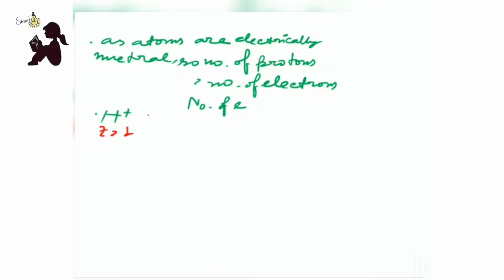So it has 1 electron also then, but it is now H plus. So that means it has excluded an electron. So we will write like this, 1 minus 1, because it has 1 electron initially, but it has now removed an electron. So number of electron will be 0.